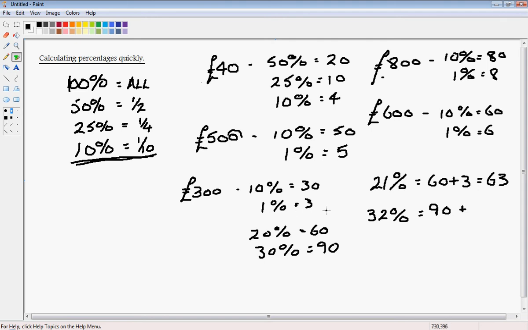Now I know 1% is 3, so 2% must be twice that, which is 6. So I get 96. We can do this for any percentage at all. So it really is that simple.